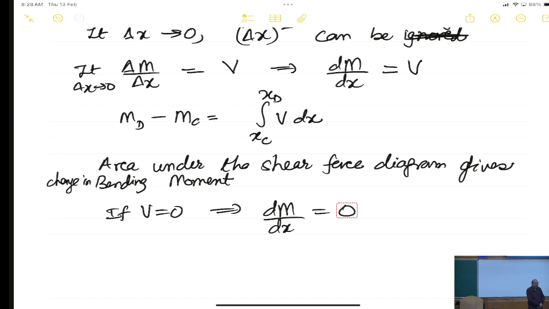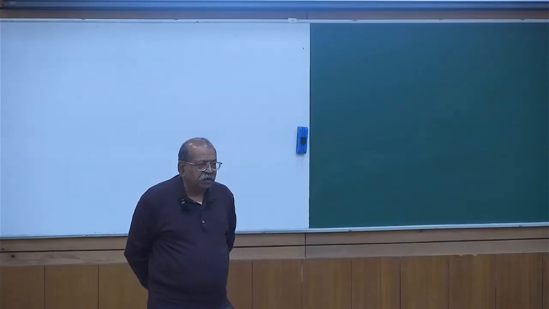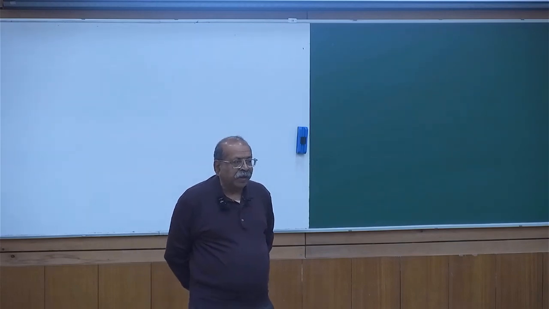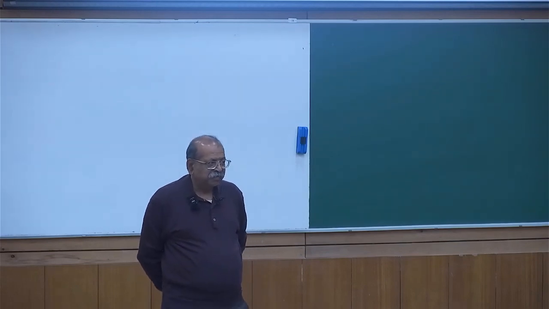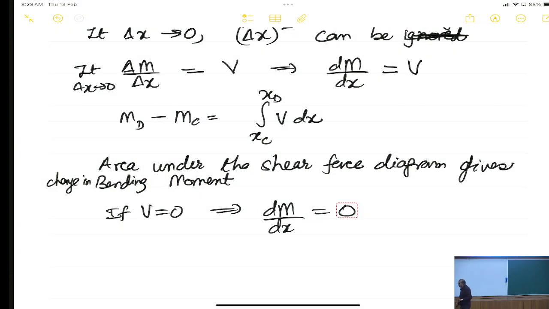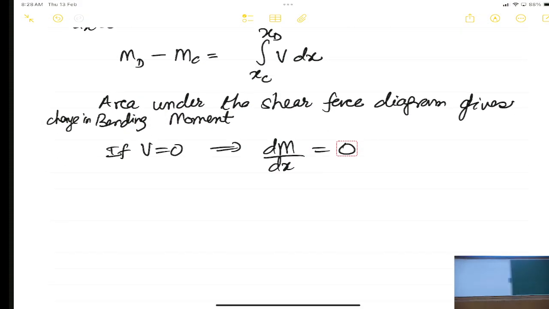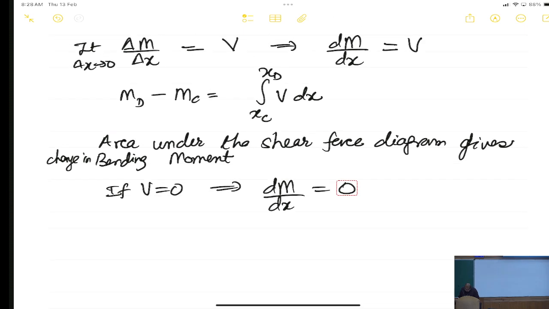When dM by dx is equal to 0, what does it tell you about M? That M is either a local minimum or a maximum.